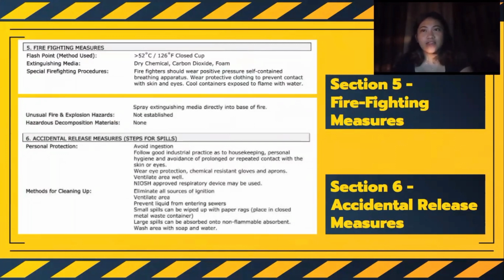Section 6. Accidental release measures. It provides recommendations on the appropriate response to spills, leaks, or releases, including containment and cleanup practices to prevent or minimize exposure to people, properties, or the environment. It may also include recommendations distinguishing between responses for large and small spills, where the spill volume has a significant impact on the hazard.